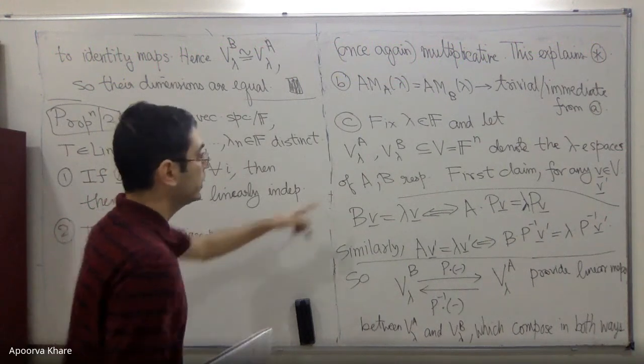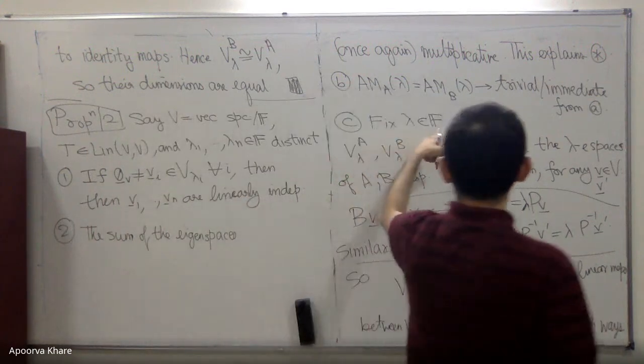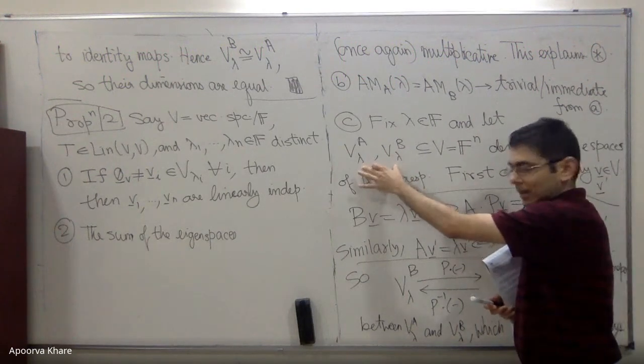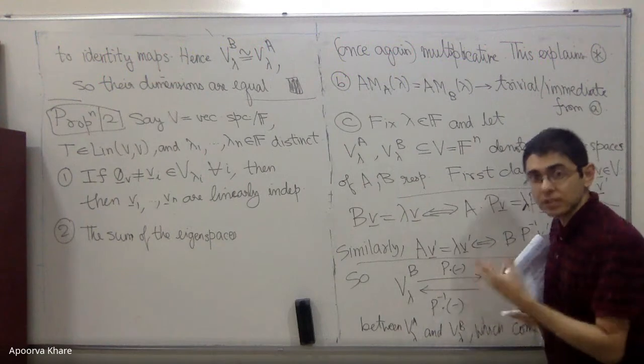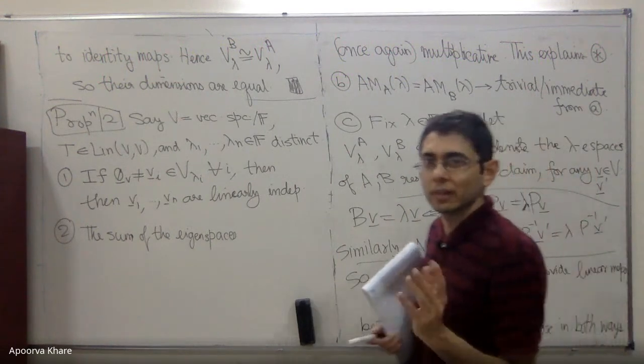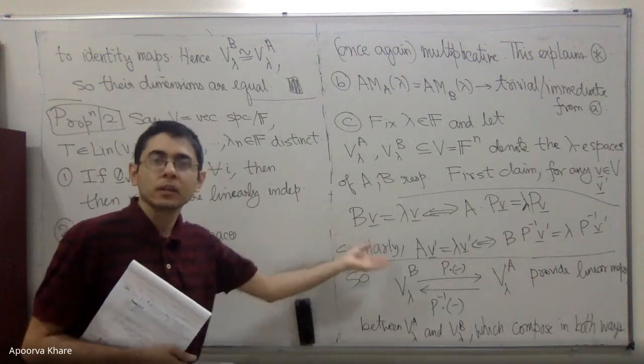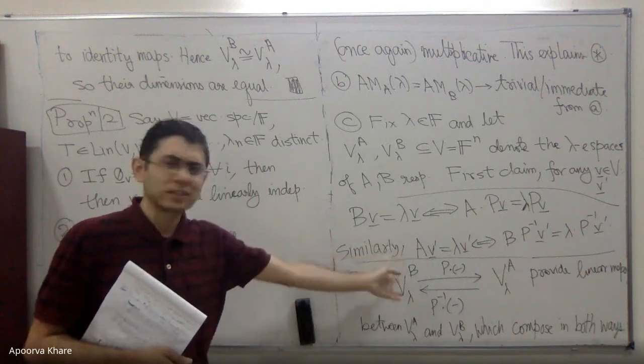By the way, over here I told you that the geometric multiplicity of every lambda is equal for A and B. That can also be true if lambda is not an eigenvalue, in which case both will be 0. When lambda is not an eigenvalue, the eigenspace is 0 because the transformation is 1 to 1, so the kernel is 0. But even then both sides are 0, so that's fine.